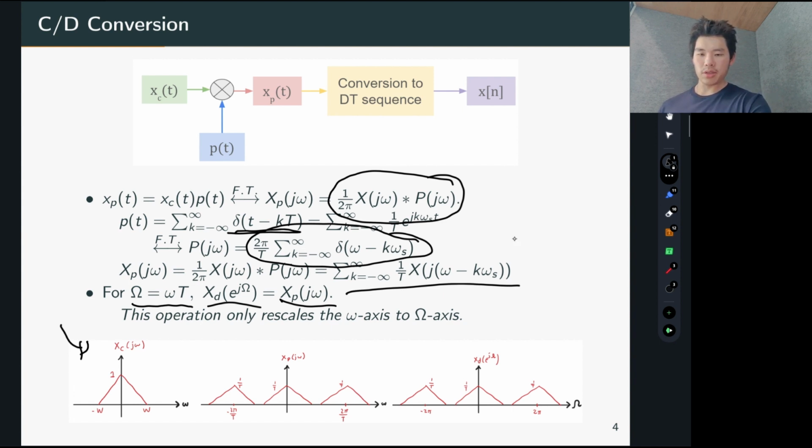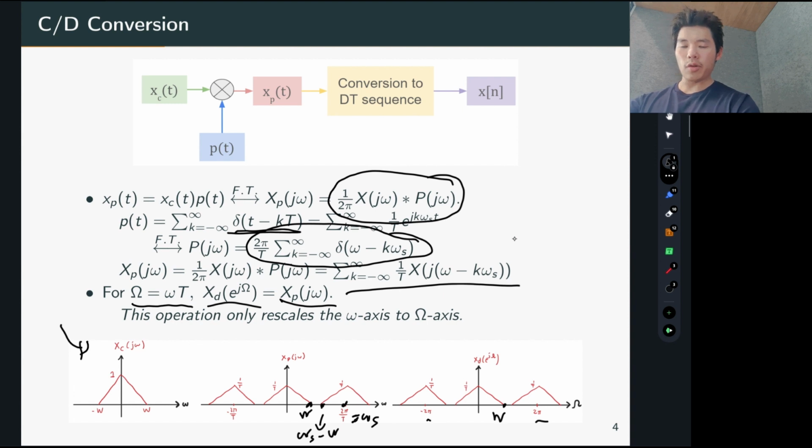and so the centers of the copies are going to be all multiples of 2π right here. And let's say this is W, and this is 2π over T. This is known as the sampling frequency, ω_s, and hence this is ω_s minus W, right?